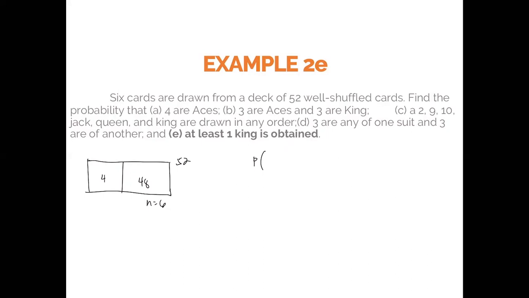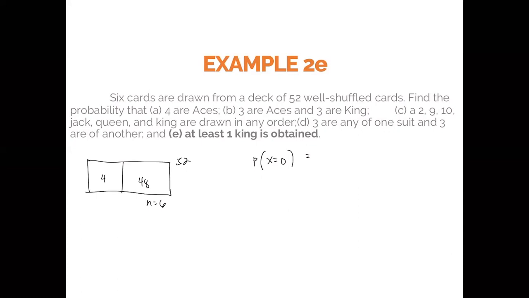So pwedeng maging 1K, 2K, 3K, 4K, no? Tapos ang gagawin mo, i-a-addin mo yung probability niya, or pwede natin kunin na walang king tapos ima-minus natin dun sa 1 kasi at least 1, no?